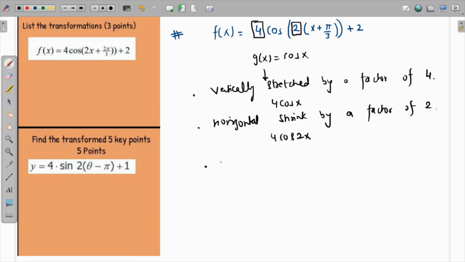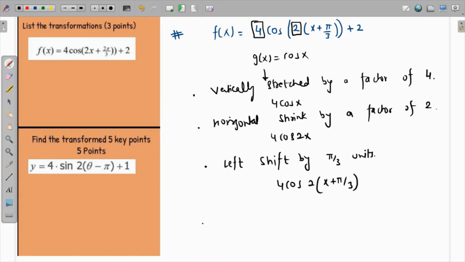Then we do a right shift, or rather, since we have plus, we'll have a left shift by pi over 3 units, because whenever we shift to the left, that x will be replaced by x plus pi over 3.